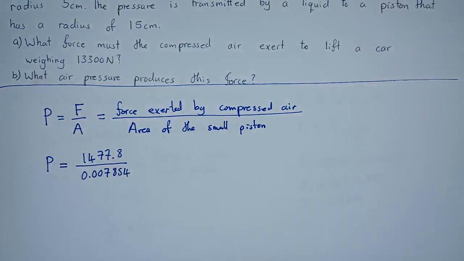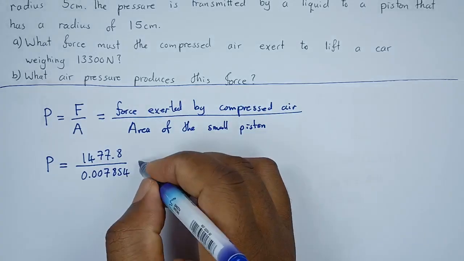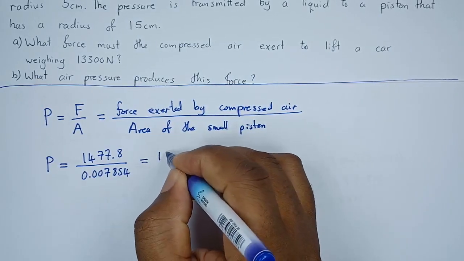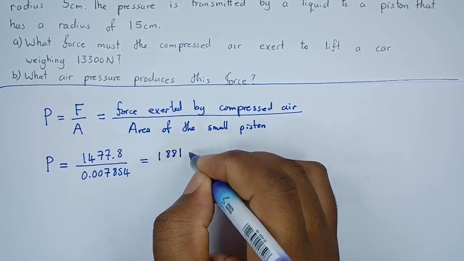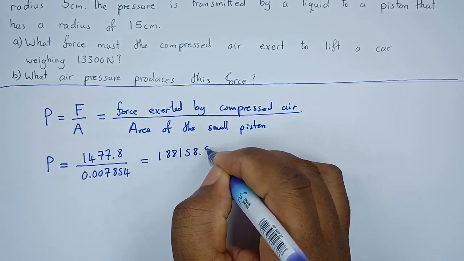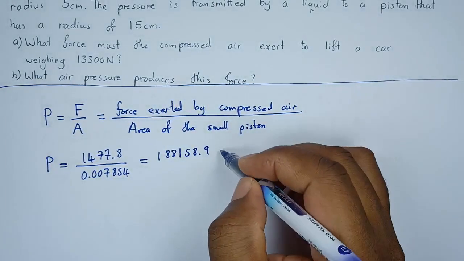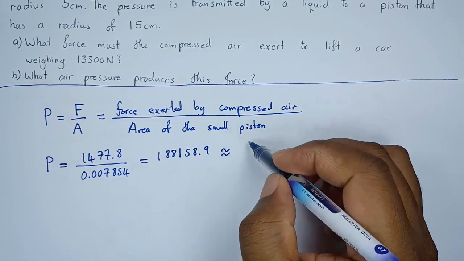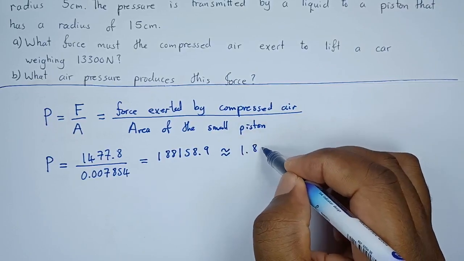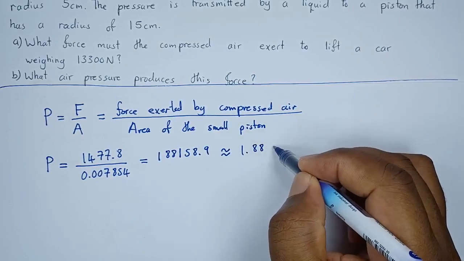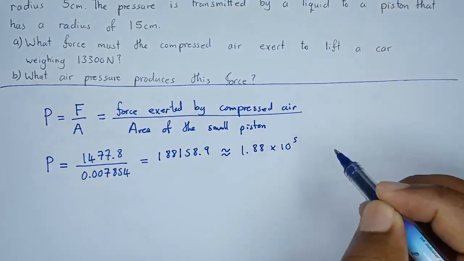If we divide the two values, we get 188,158.9, which is equivalent to 1.88 times 10 to the power 5.